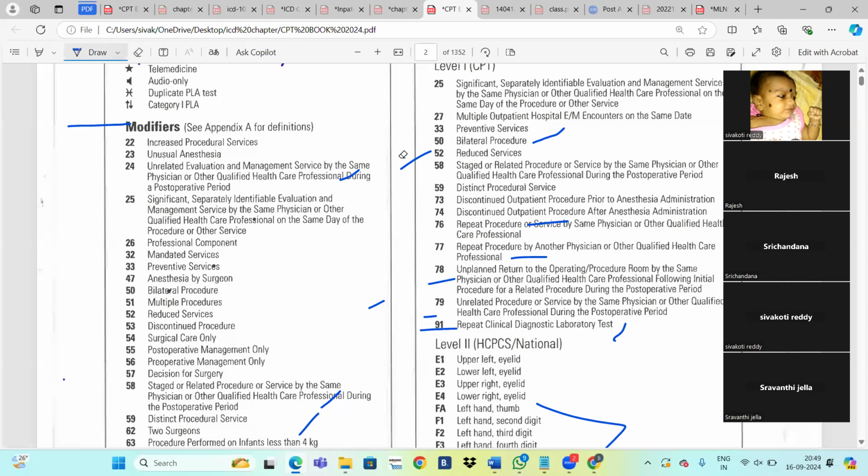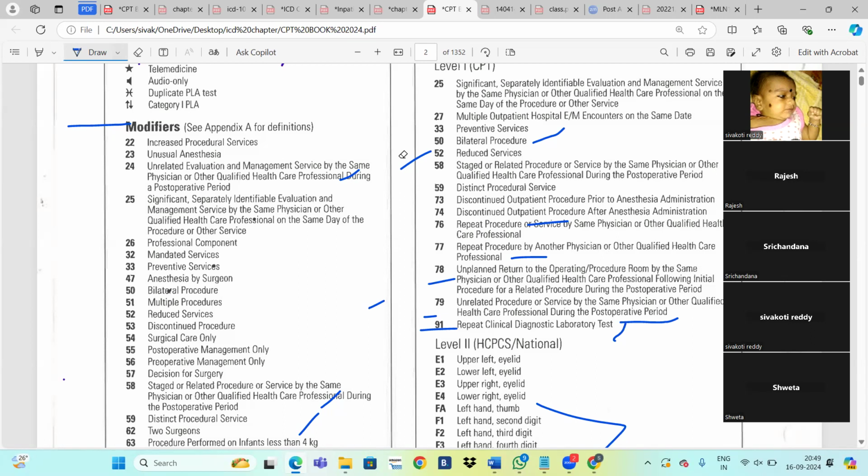So both are last one, post-operative period. Post-operative period. So post-operative period means after surgery. Good. Okay.